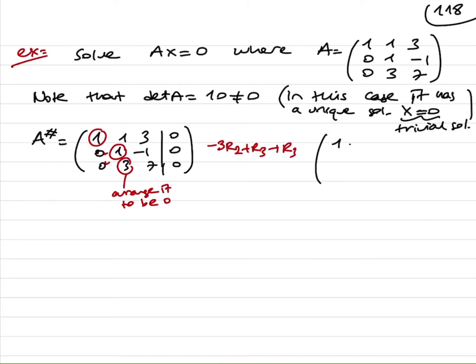So we get 0, 0, then minus 3 minus 1 is minus 4, and minus 3 plus 7, we will have 10 here, and 0 here.